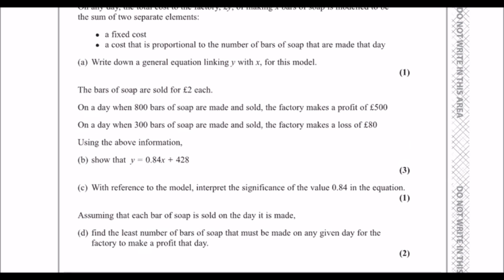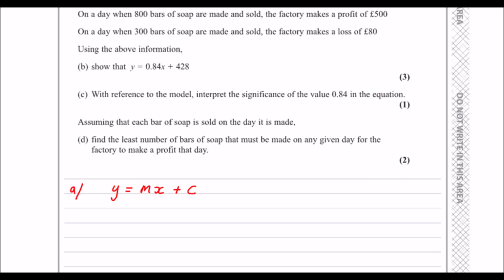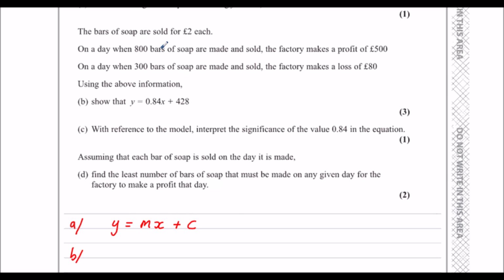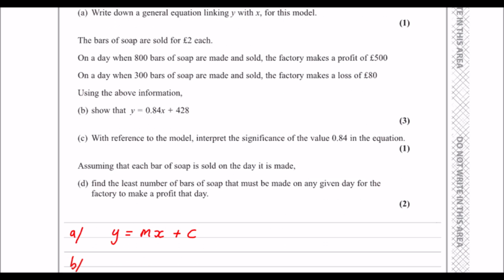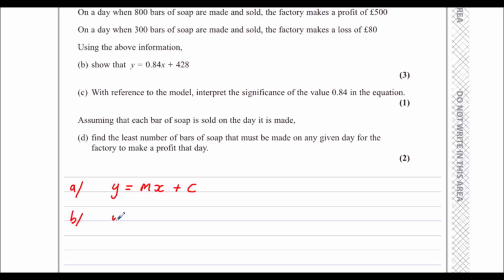So let's write part B. So this number of bars of soap, that was X. So when X is 800, the profit, so that's something new we've got to add in, is £500.